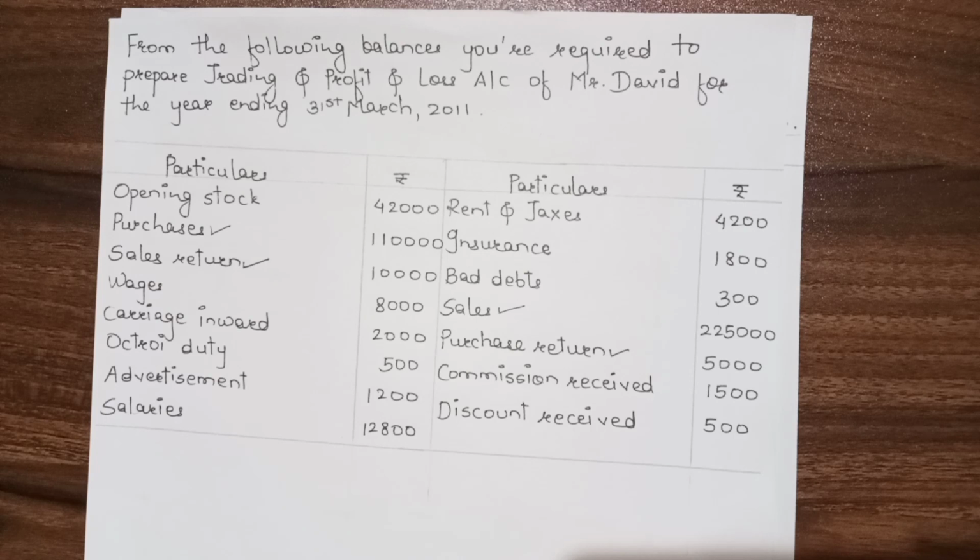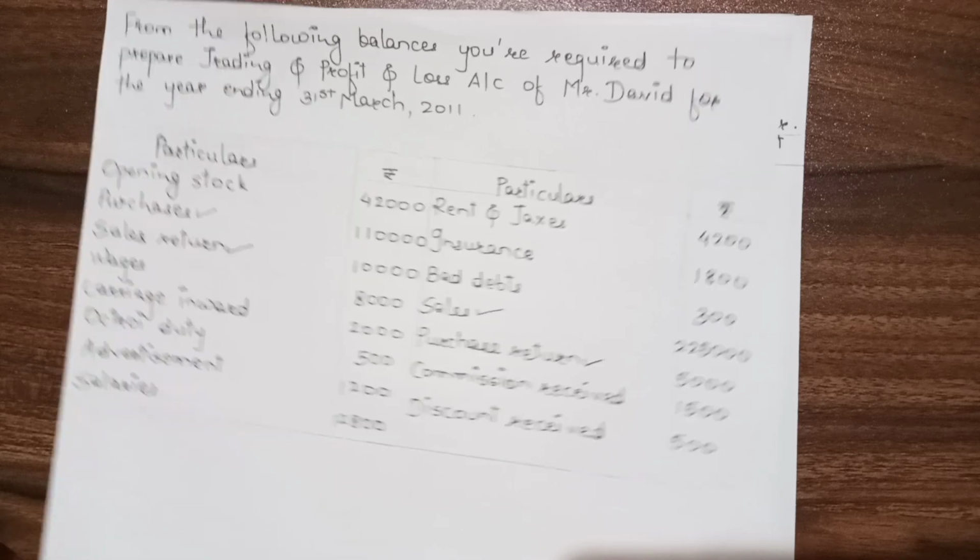Next one, to octroi duty, 500. Now this is also related to your business, and these are the direct expenses of your business, so it is going to appear in your trading account.